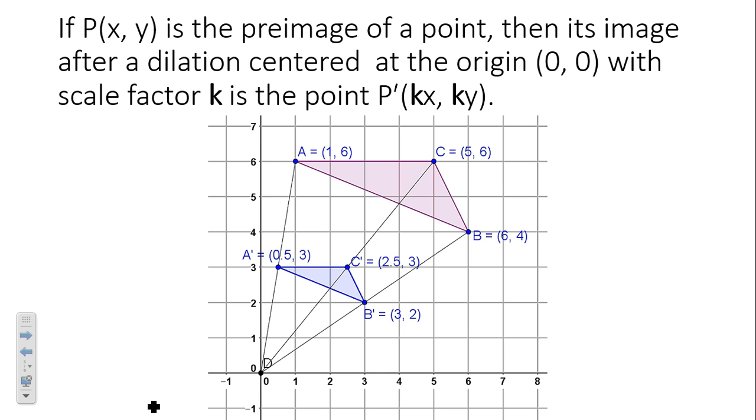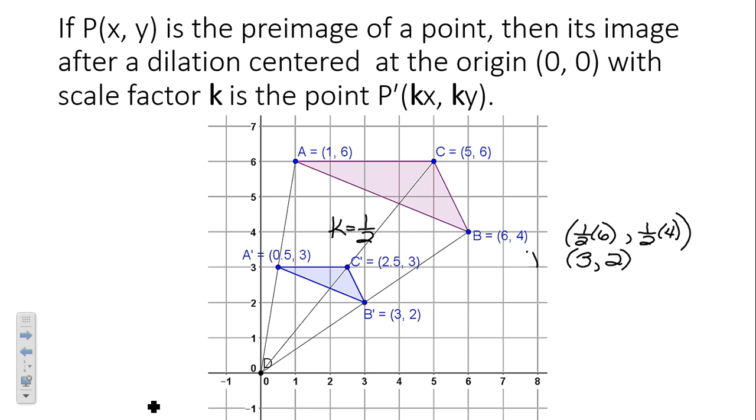So let's see if that held for this particular problem. My point B is 6, 4. What did we say the scale factor for this problem was? 1 over 2. Okay? So if I take 1 over 2 times the 6 and 1 over 2 times the 4, what do I get? What's 1/2 of 6? 3. What's 1/2 of 4? 2.